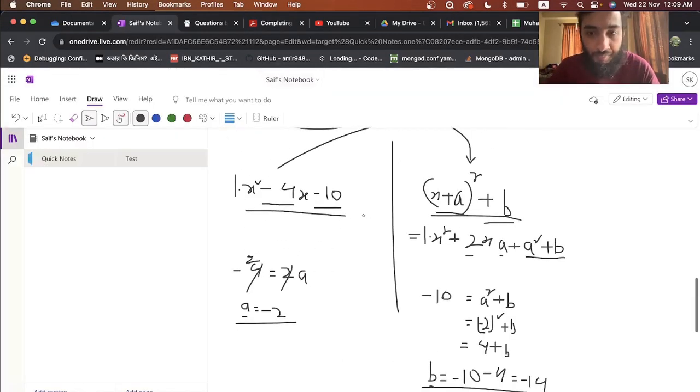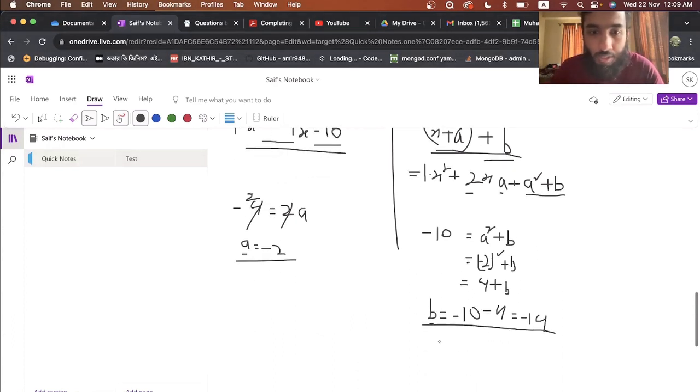As you can see, we gave a separator and compared the respective terms of x square, x, and the constant, and found the values of a and b, which were minus 2 and 14.